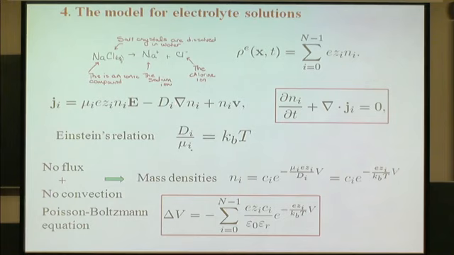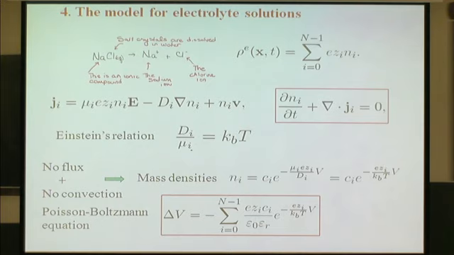What you get is that the mass densities are given by some arbitrary constants that you have to determine from boundary conditions, times the exponential of minus some constant multiplied by the potential, and this for each one of the species. Now this mass density is proportional to the charge density, so you have to put it on the right-hand side of the Poisson equation.